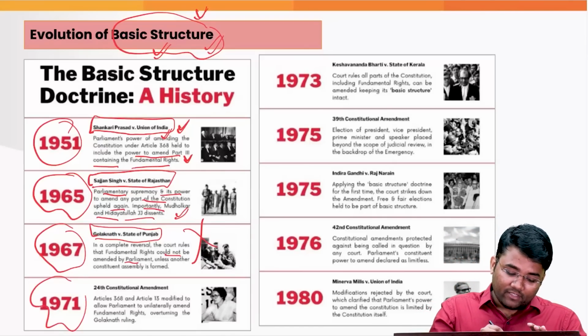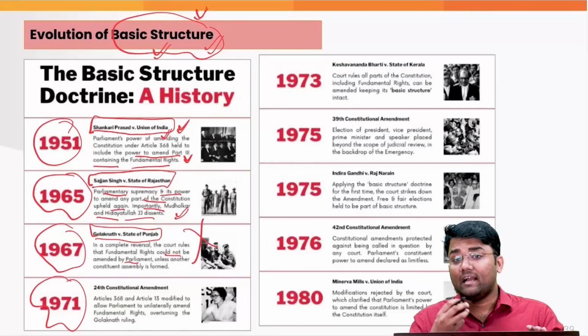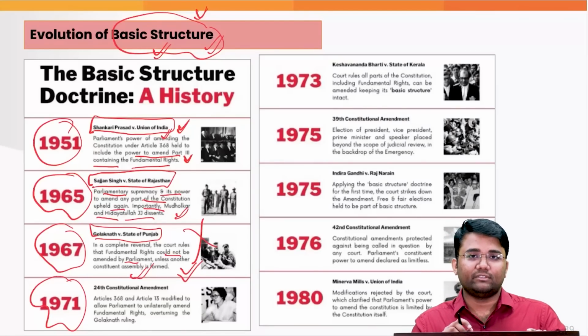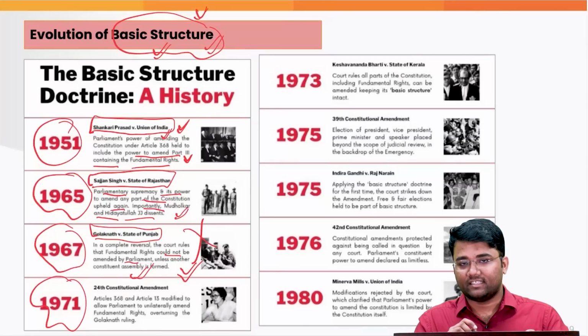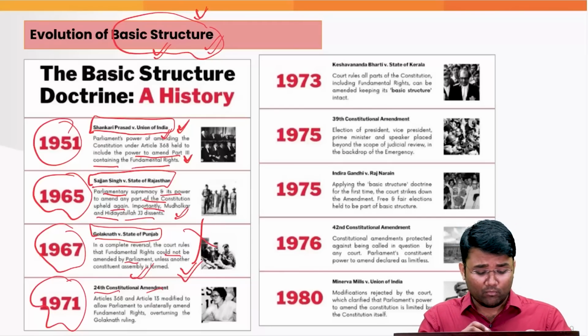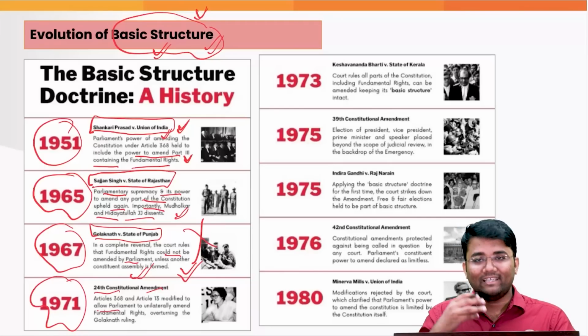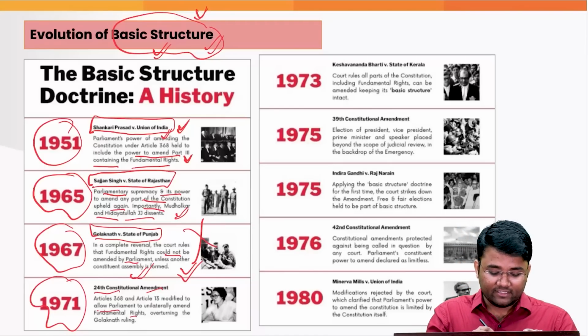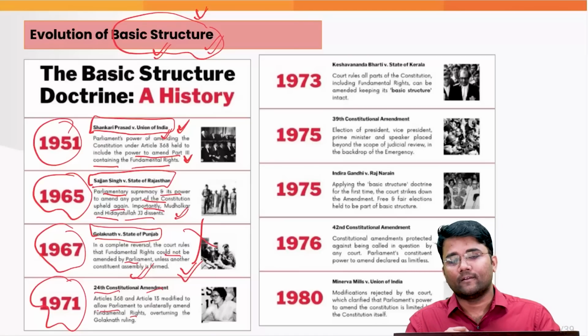In 1971, Parliament came with an amendment to modify the judgment given in the Golaknath case. The 24th Constitutional Amendment says that Article 368 and Article 13 are modified to allow Parliament to unilaterally amend fundamental rights, overturning the Golaknath ruling.